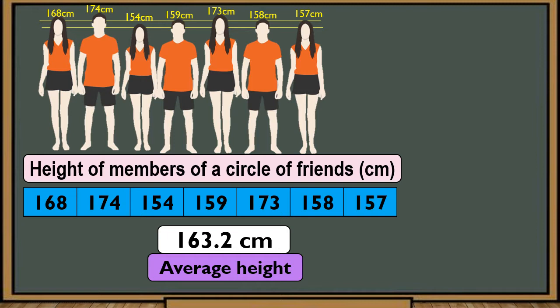So we can say that a member of this group of friends has a height of 163.2 centimeters. This height represents the heights of the members of the group. That is the average. As we defined the word average, this is the middle value, the central value of a set of values.